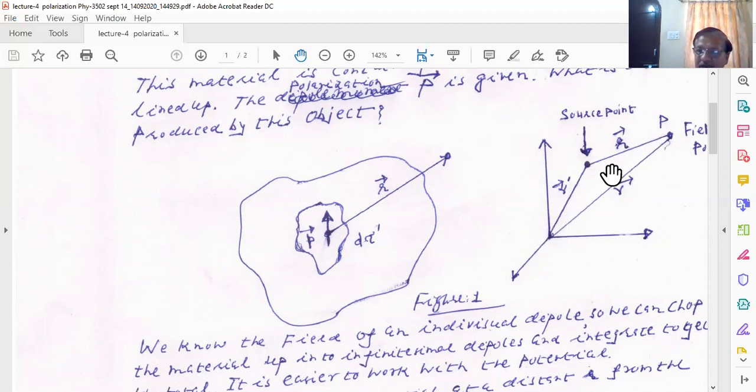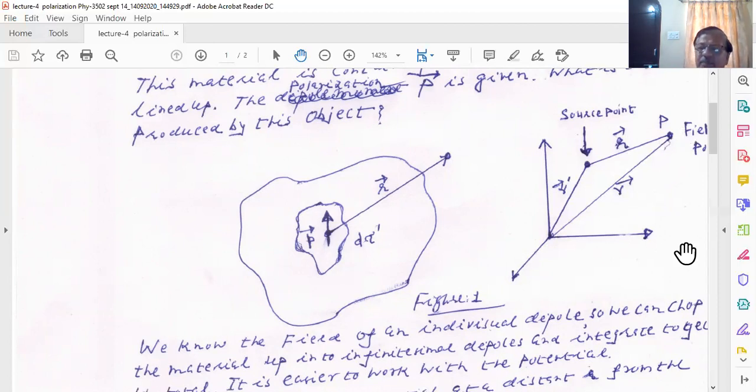Applying vector algebra, vector r prime plus vector r is always equal to the position vector r of the field point.